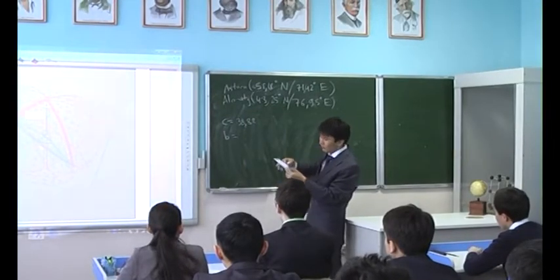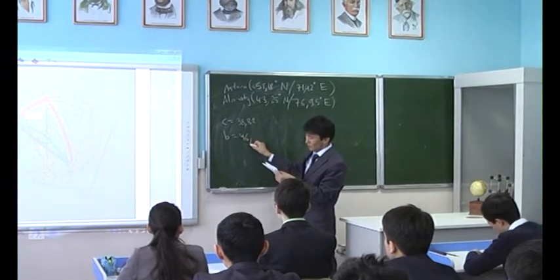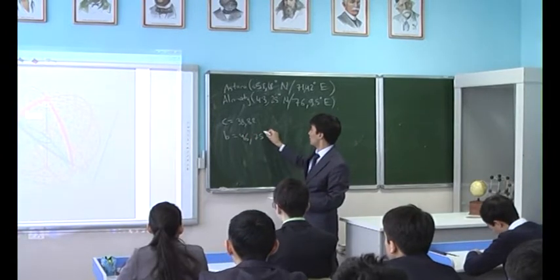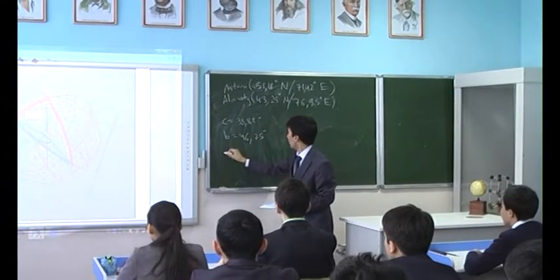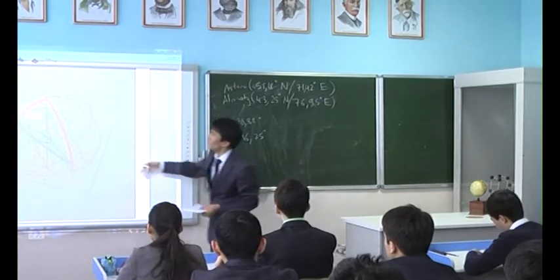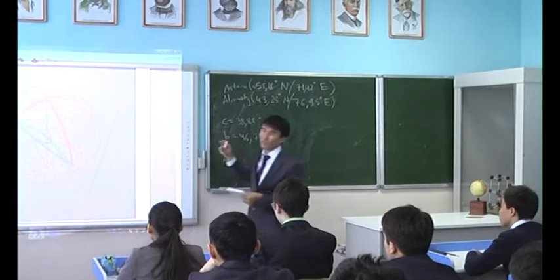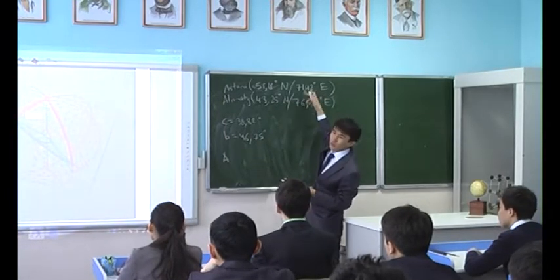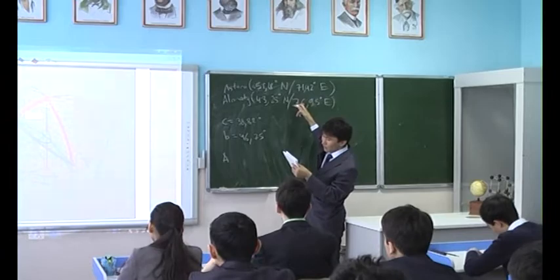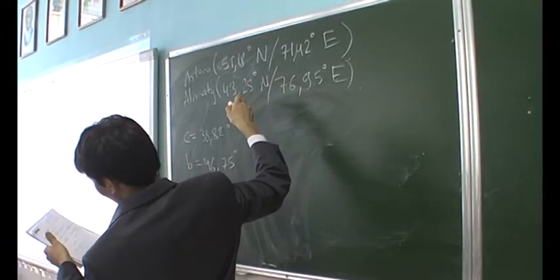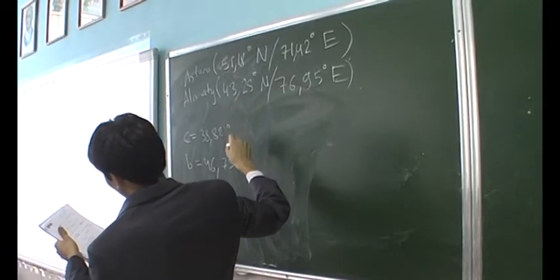This one is going to be 46.75 degrees. And the angle between these two arcs is just the difference between the longitudes. That's going to be 5.50.